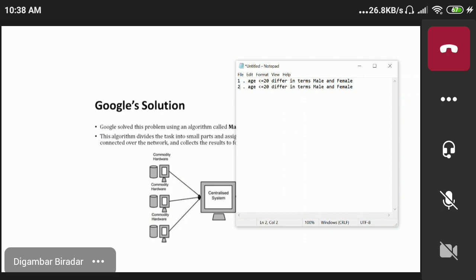And I have given a task: greater than 20 and less than or equal to 40. Next, age is greater than 40 and differ in terms of male and female. So these three persons are getting the task. So they calculated, this is the mapping. This is called mapping.